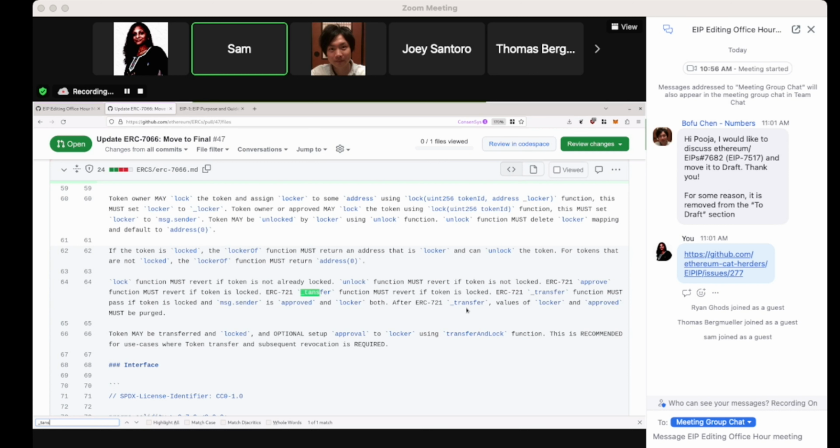Token may be transferred and locked, with optional setup of approval to locker, using the transfer and lock function. This is recommended for use cases where token transfer and subsequent verification is required.